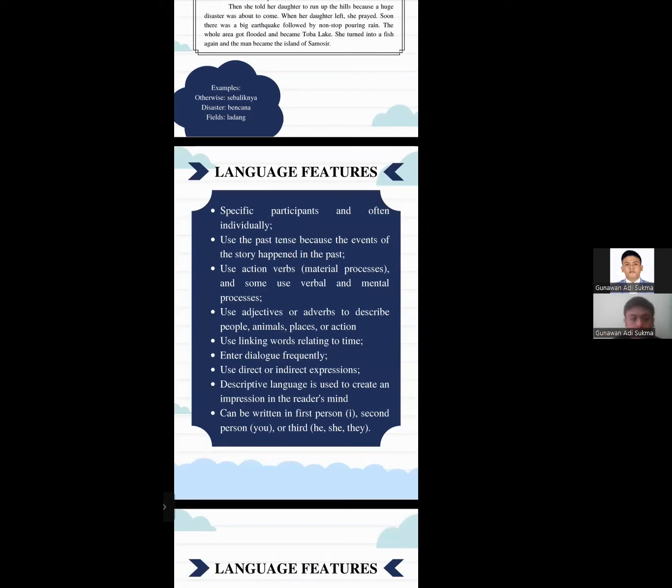Use linking words relating to time, and dialogue frequently. Use direct and or indirect expressions. Descriptive language is used to create an impression in the reader's mind and can be written in first person I, second person you, and third person he or they.